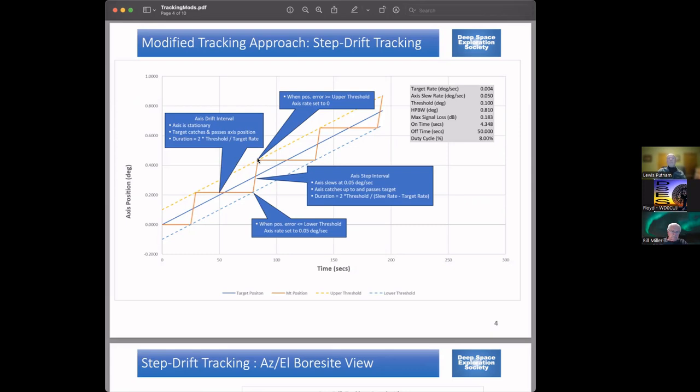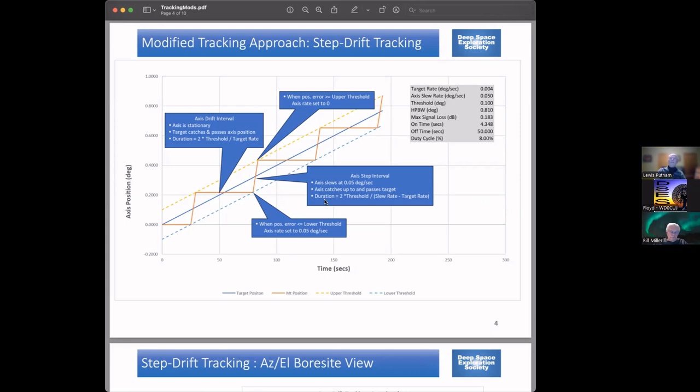The step interval duration formula is similar, except that the threshold distance is being crossed at the rate of the slew rate minus the target rate, since the axis is catching up with the target. You have to subtract off that rate.